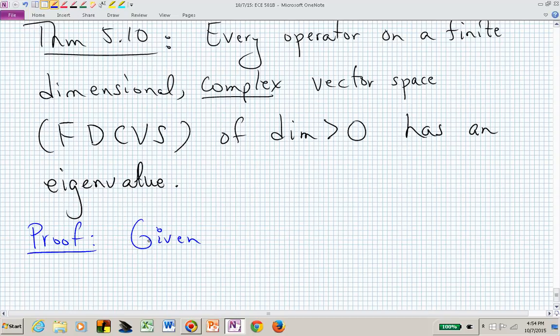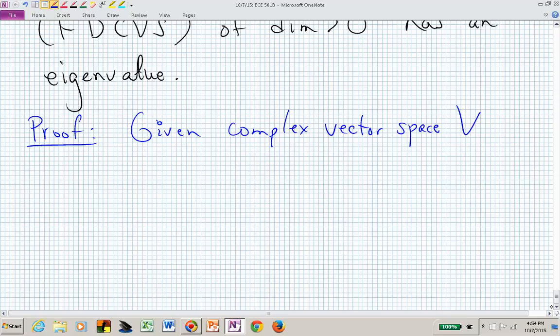Now let's say that we're given a complex vector space, and we'll call it capital V. Let the dimension of that complex vector space be n, where n is 1 or bigger, so it's positive. That's our vector space, but this was talking about operators.